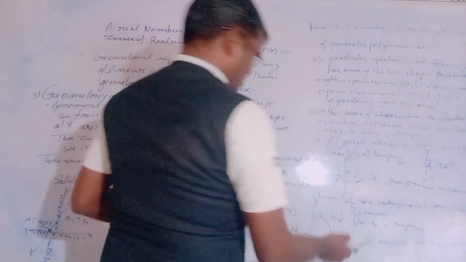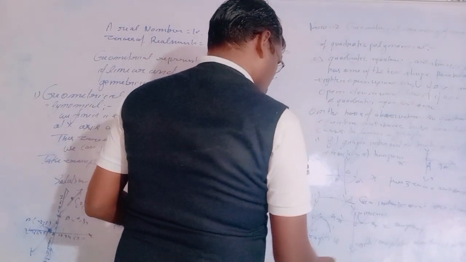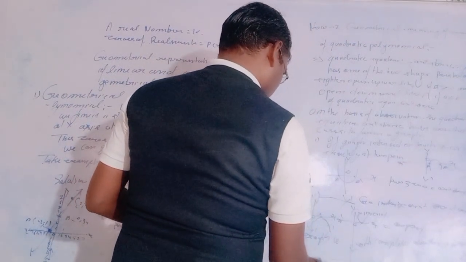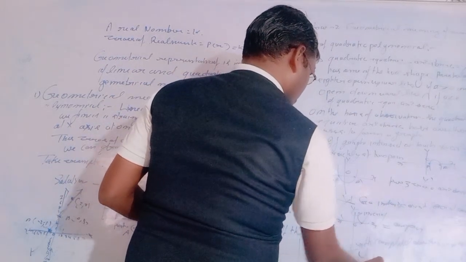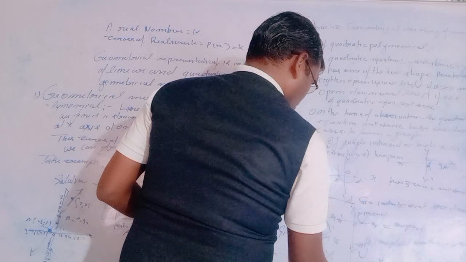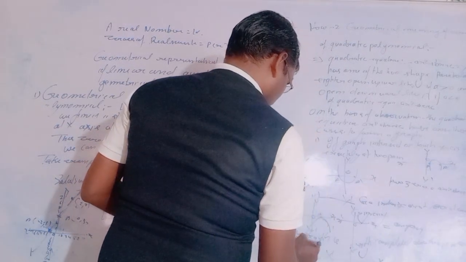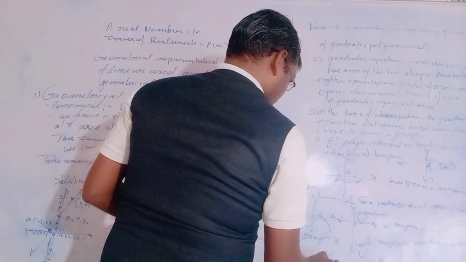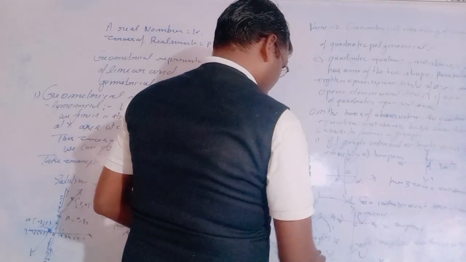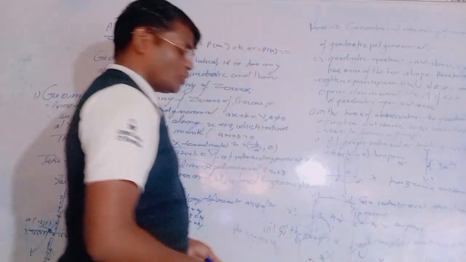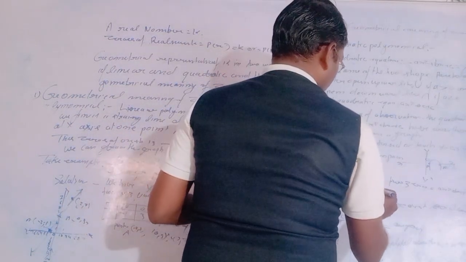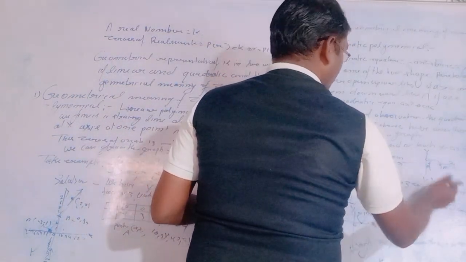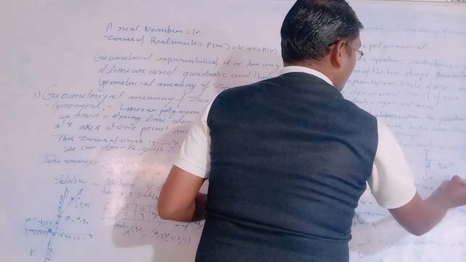In these conditions, the graph is either exactly below the x-axis, not touching, or above the x-axis, with axes x dash, y dash, and x. So exactly at no touching points here, we can see that a is greater than 0, and here a is less than 0.